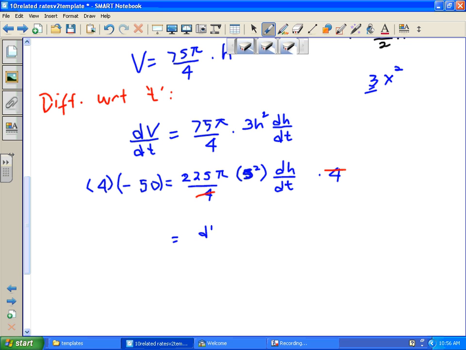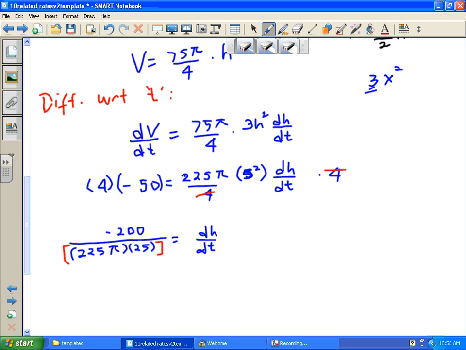And then in the next step, divide by the coefficient. So dh/dt equals negative 200 divided by, so I have 225 pi times 25. Now, if you're going to do it on the calculator, you're going to need another set of parentheses for the denominator.